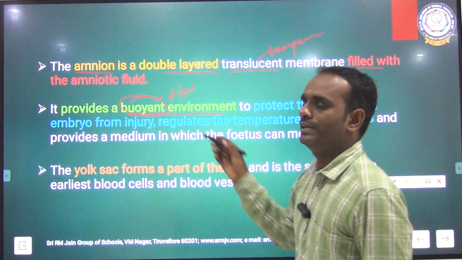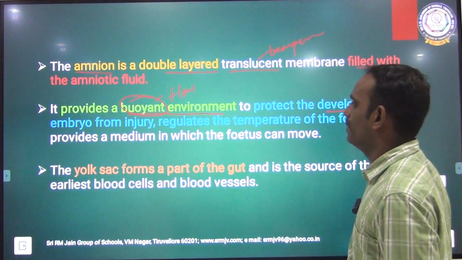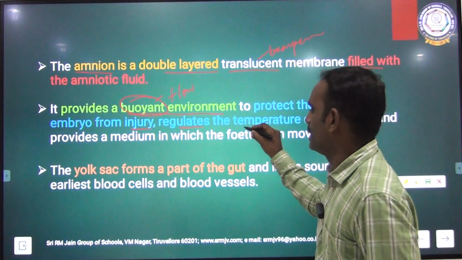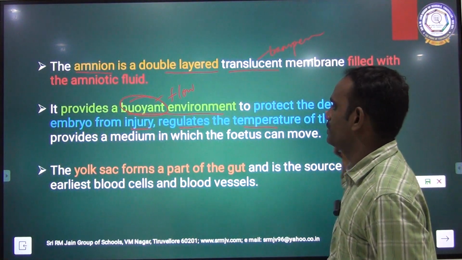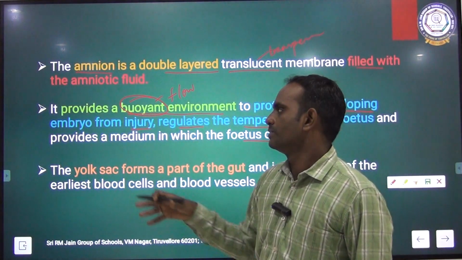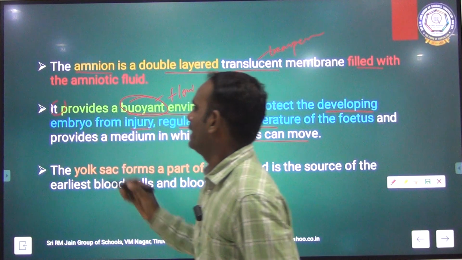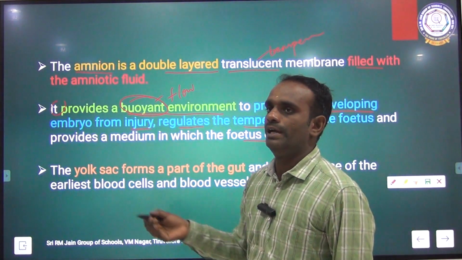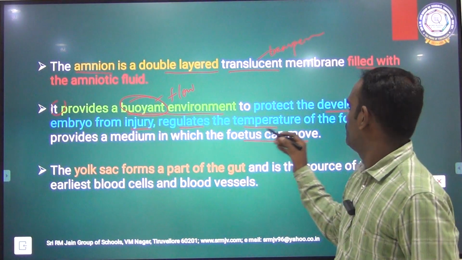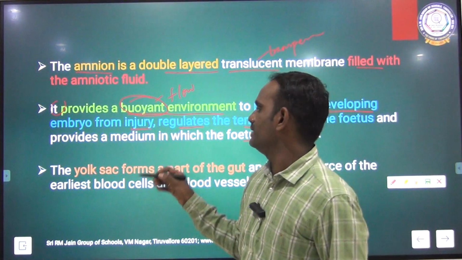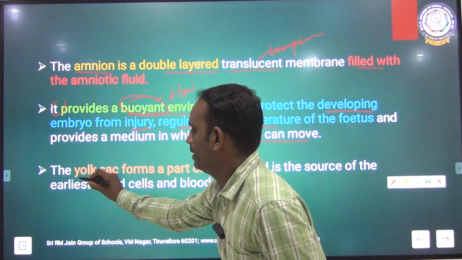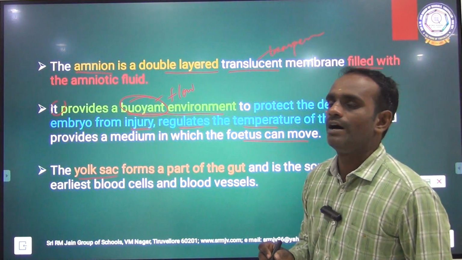It provides a buoyant environment to protect the developing embryo from injury, regulates the temperature, and also provides the medium in which the fetus can easily move. The next embryonic membrane is the yolk sac.